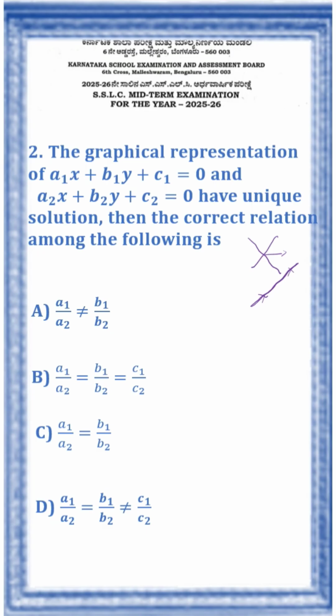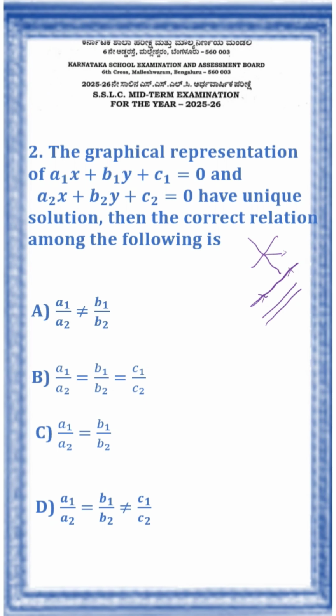A1 by A2 is equal to B1 by B2, this is the case when the lines are parallel. Means they have no solution at all. A1 by A2 is equal to B1 by B2 is not equal to C1 by C2. They, C and D, are one and the same.